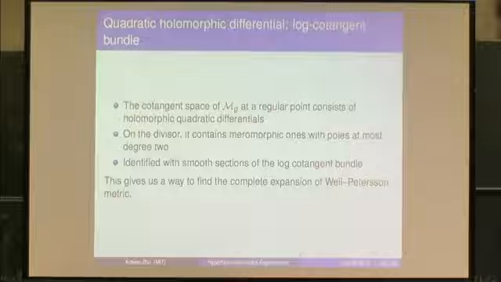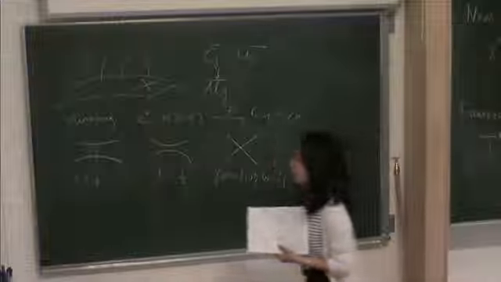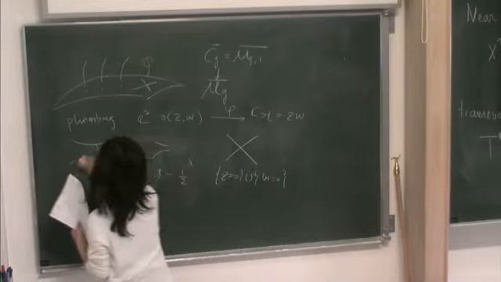We want to say that the quadratic differential, this cotangent space, actually lives in a bundle called the log cotangent bundle. So let me talk a little bit about the log geometry.